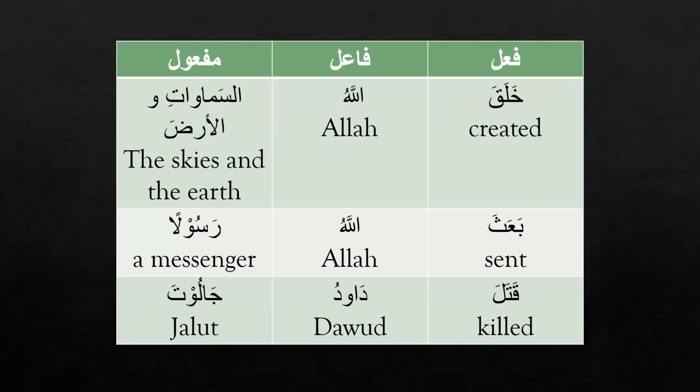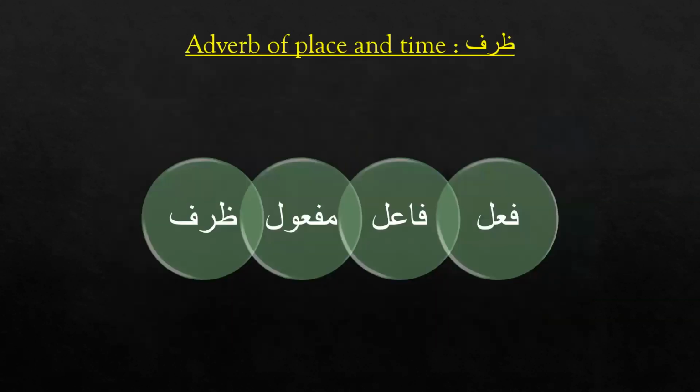Then we did some examples from the Quran, and we learned how the fail, faa'il, and maf'ul are used in a jumla failiya. As I mentioned already, the two main parts of a jumla failiya are fail and faa'il, and sometimes only fail and faa'il are given, and then you can add on the parts.